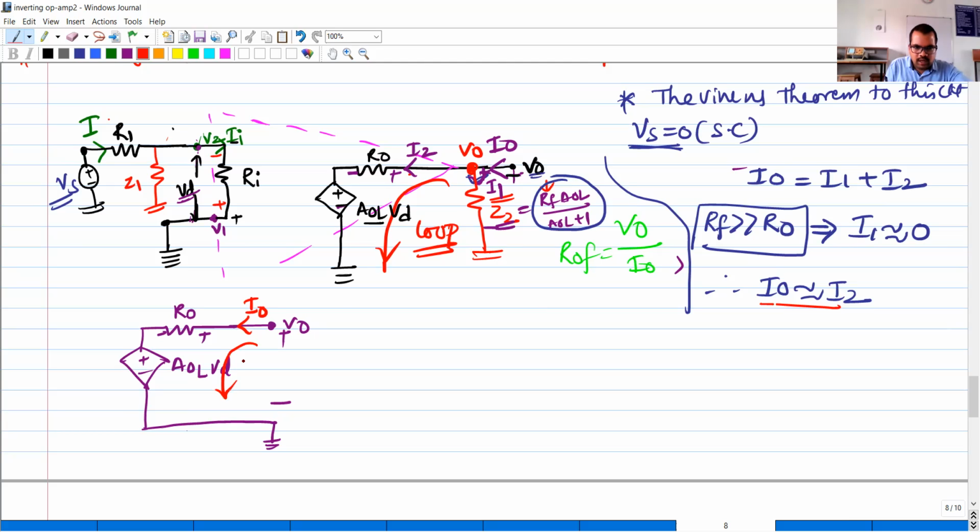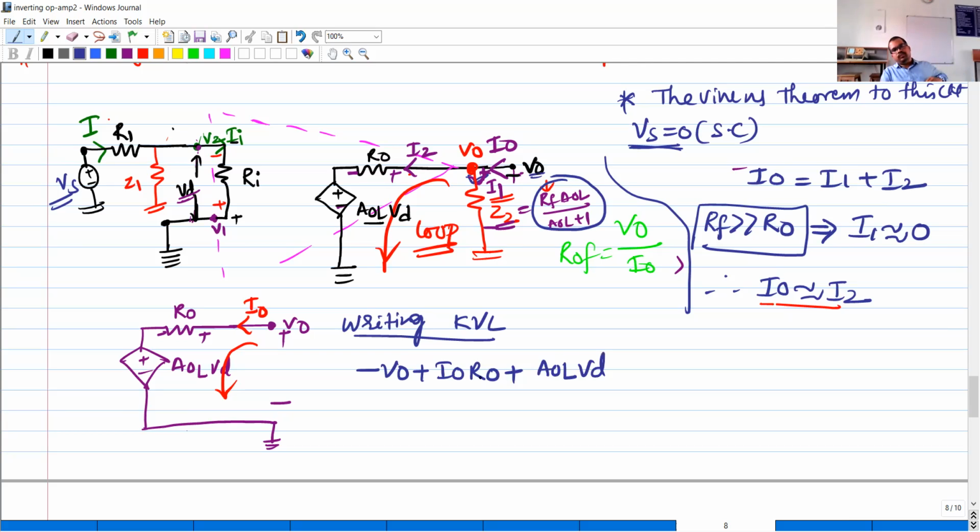Now I want to write KVL for this loop. Writing KVL: minus V0 plus I0 R0 plus AOL VD equals 0.